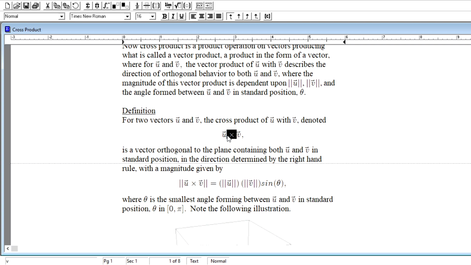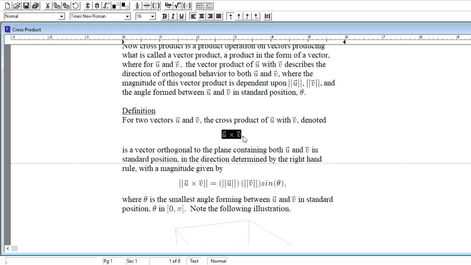And even different from what we understand as being just scalar multiplication, where we have a scalar quantity times a vector quantity. Well, here we're highlighting vector u crossed with vector v, the cross product, where what this produces is a vector that's orthogonal to the plane containing both u and v in standard position.